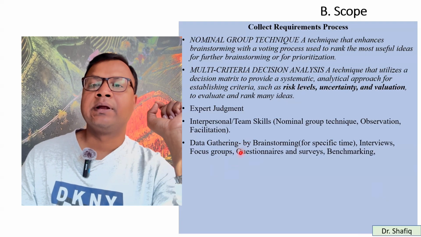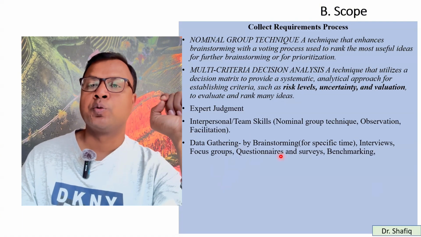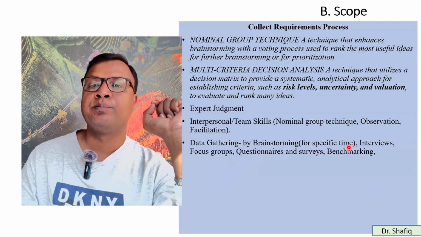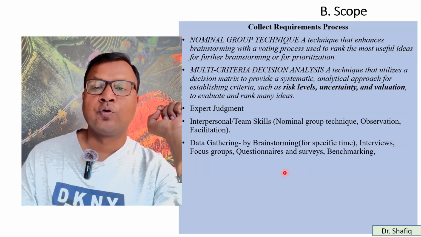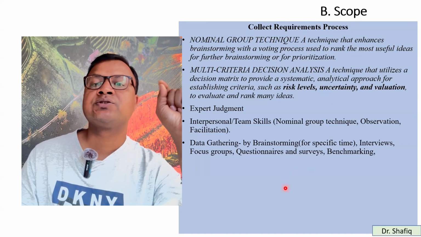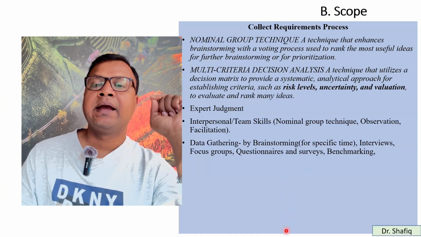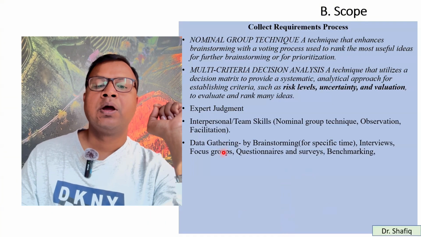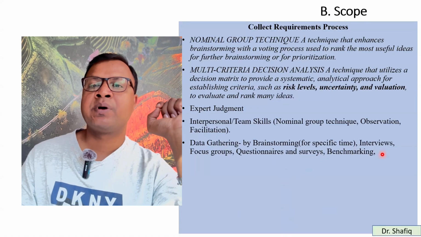And how can you gather data? You can gather data by brainstorming for a specific time, by interviews, through focus groups. What is a focus group? When a homogeneous group of people discuss something and express their opinions, it's called a focus group. Questionnaires and surveys, benchmarking.